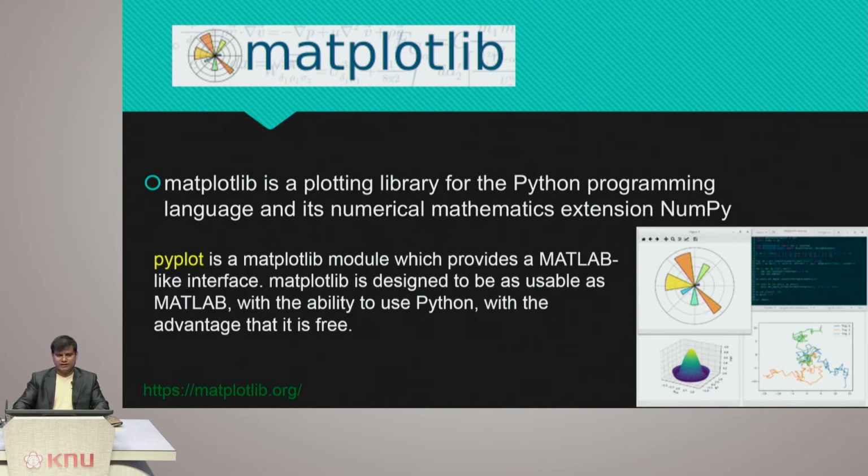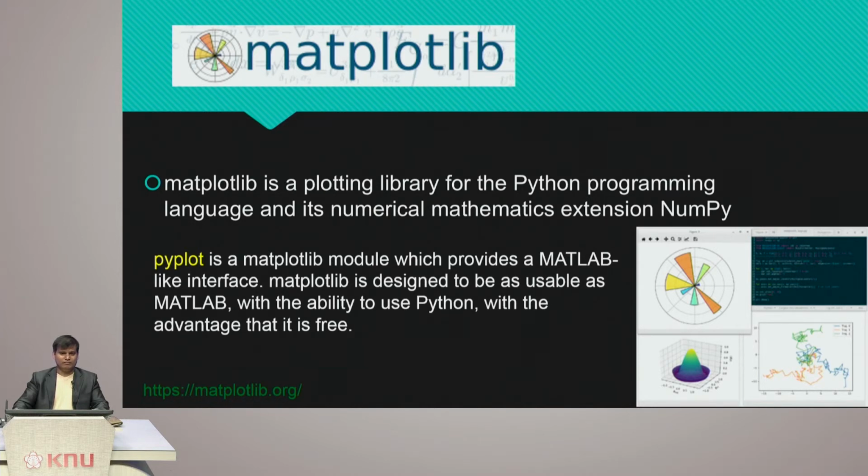For example, this pyplot module provides a MATLAB-like interface. We know that MATLAB is still a powerful tool used by many researchers around the world. But now we can have the interface between these two using this module.